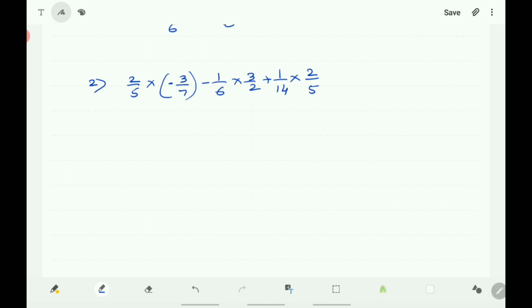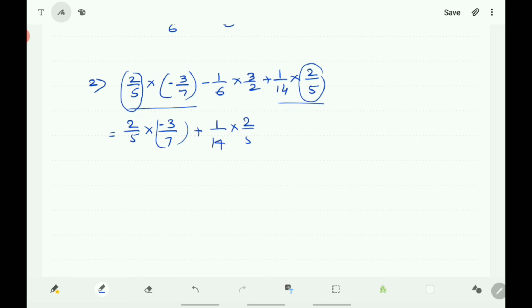And here what you can observe, see here 2 by 5 into minus 3 by 7, here 2 by 7 into 1 by 14. So you take these two together, that is 2 by 5 into minus 3 by 7 plus 1 by 14, into 2 by 5.